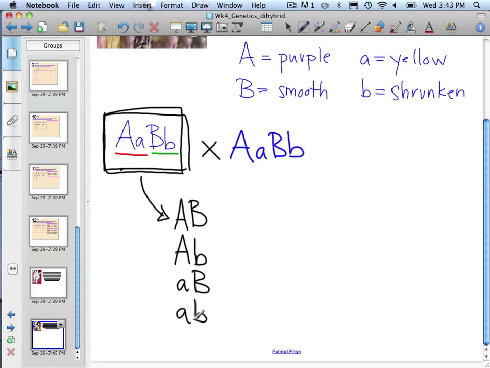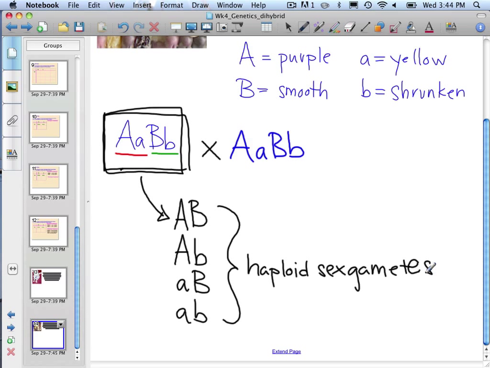The reason I only have one A and one B in each of these gametes is because these are haploid sex cells or gametes, okay? So they have to have only one A and one B. If you have more than one A and one B in your gametes, you've done something wrong.